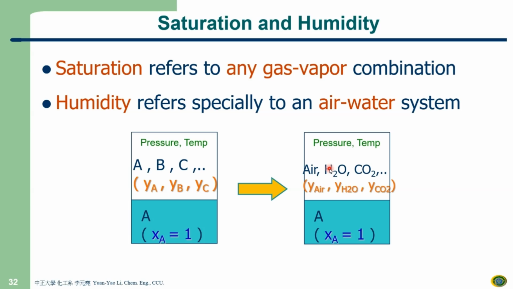So humidity refers especially to an air and water system. Saturation is the general case, where the system ABC can be water, carbon dioxide, air, or argon, for example. But if we are talking about humidity, the system changes to air and water.